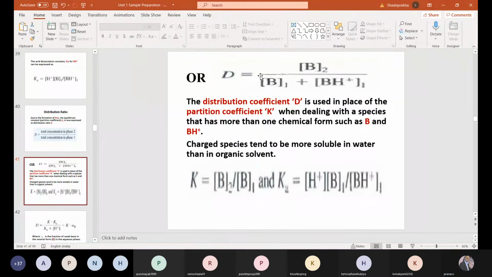Now, to find out how distribution ratio and partition coefficient are related under pH effects, we can have an expression which has both these terms.